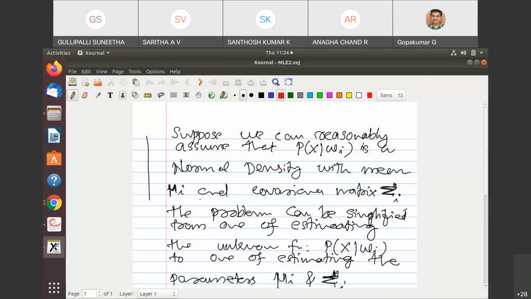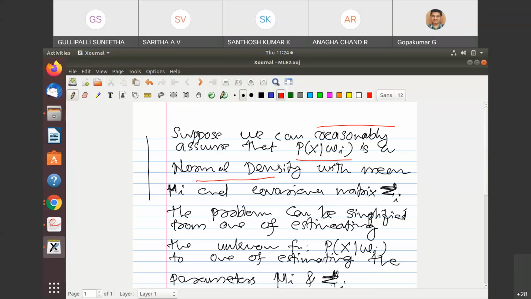One assumption that we can make, for simplification, is: suppose we can reasonably assume that the probability of x given wa, because that is a class conditional probability, which is a very crucial one, can be approximated by a normal density.